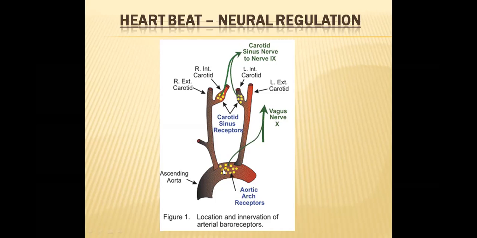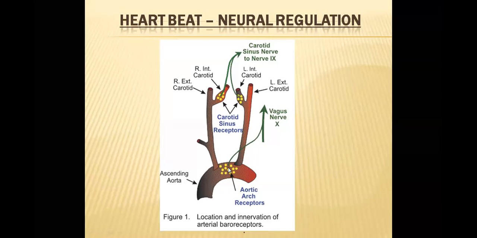If the blood pressure is high, the action potential quantity is also increased, and when the blood pressure is low, the action potentials generated by these receptors are also low. Depending upon the quantity of action potentials, the brain comes to know whether blood pressure is increased or decreased. When the blood pressure is increased, the brain takes action to decrease the blood pressure.